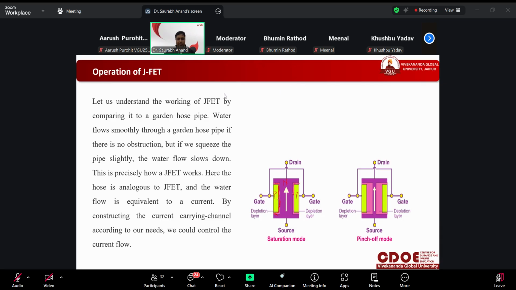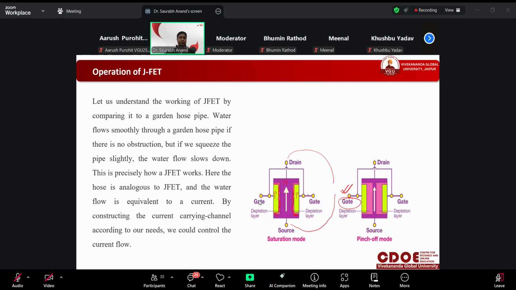Similarly here, this is the depletion region. After applying the voltage at the gate, we vary it. This depletion region will increase or decrease depending upon the voltage which we are applying at the gate, and between drain and source, both.